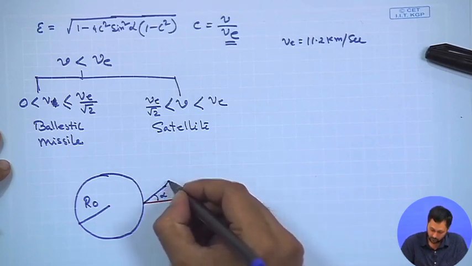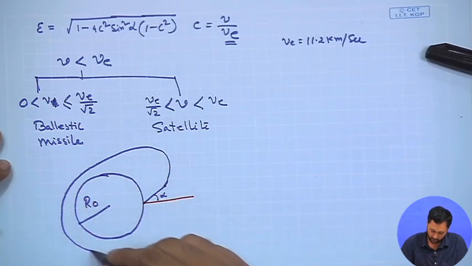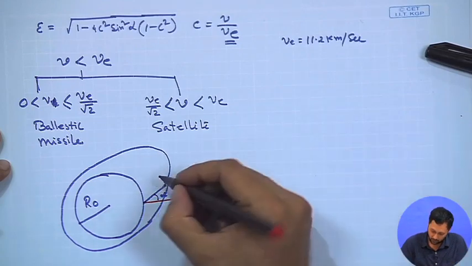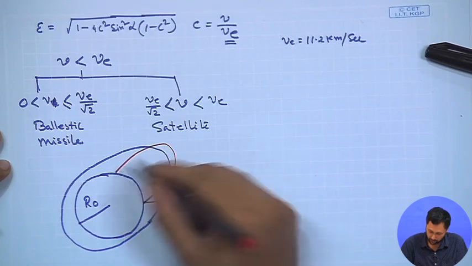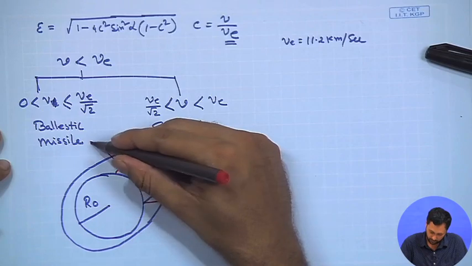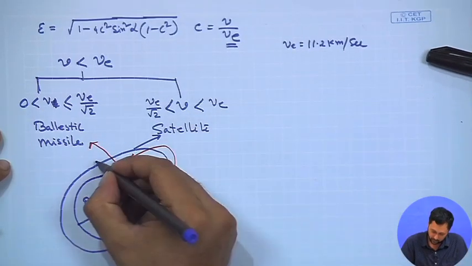Then it can go like this in a revolving orbit, or it can come back like this in a closed orbit. This one is the ballistic missile and this one is a satellite.